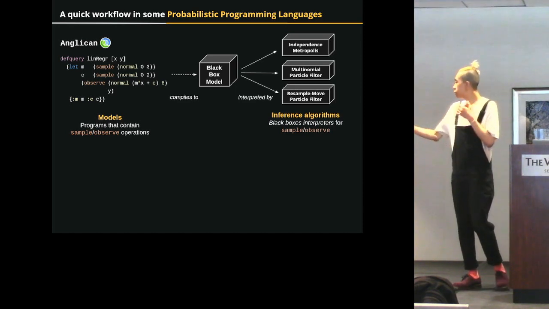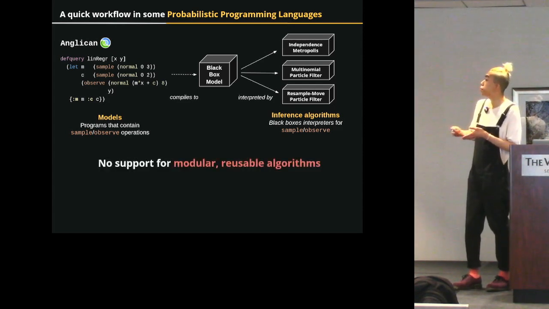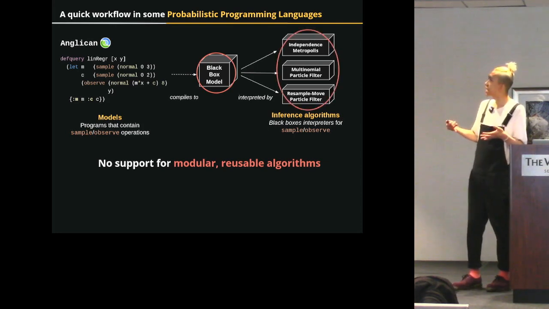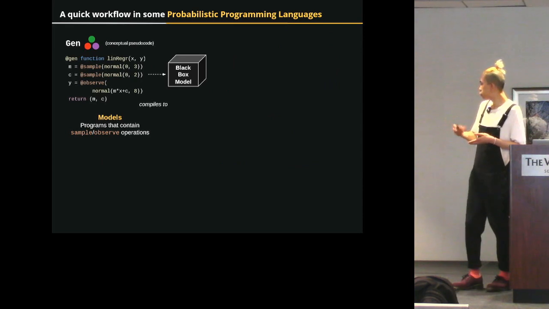Now, while this framework is very straightforward to use, what if you wanted to build your own algorithm? Well, this is difficult. The model is now in a very low-level representation, and each algorithm comes packaged as this black box procedure. So one alternative is a language called Gen.